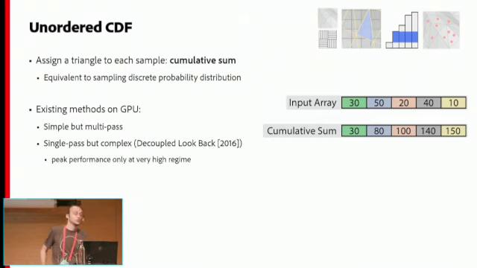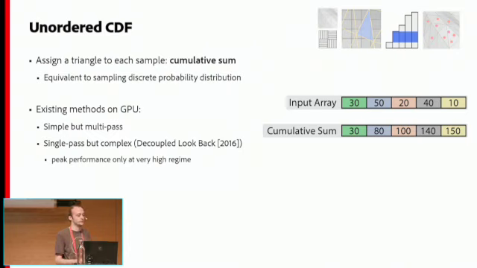There is, of course, a bunch of literature on how to compute cumulative sums efficiently on GPU, which either are simple to write but require multiple kernel calls, or require a single kernel call but are quite complex to write and only reach peak performance at a very high regime. So a very large number of triangles in this case, which is typically way beyond the range of typical applications for sampling.